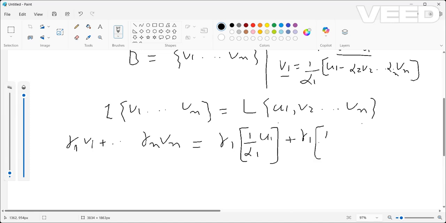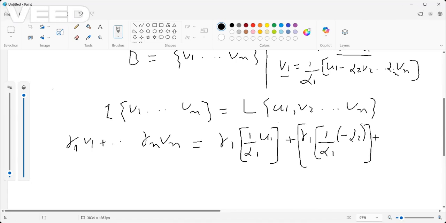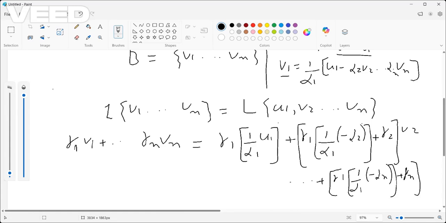Gamma 1 times 1 over alpha 1 times minus alpha 2 v2, and not only that, you have a v2 component here also, plus gamma 2 v2, and so on all the way: plus gamma 1 times 1 over alpha 1 times minus alpha n, plus gamma n vn.